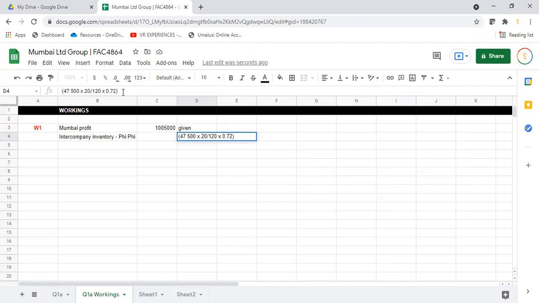But now remember, we are dealing with ZAR, and this 47,500 is in Thai baht, so now we need to convert it into ZAR. Let's see what the exchange rates are.